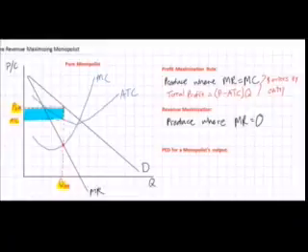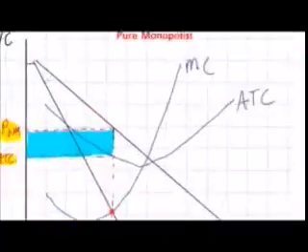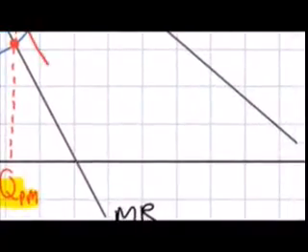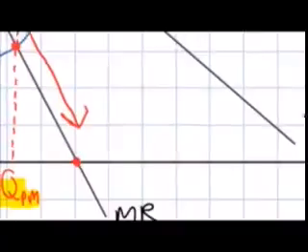We can see that at low levels of output, marginal revenue is relatively high. But as the firm increases its output, the firm's marginal revenue decreases due to the fact that it is having to lower the prices of its output in order to sell additional units. Marginal revenue continues to decline until it equals 0, which in our graph is right here.